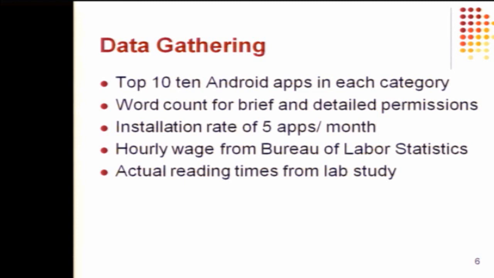Then to extend the word count to annual word count, we use the installation rate as seen from the Play Store analysis, which is around 5 applications a month, with a minimum of 2 and a maximum of 9 applications a month, from the research reports that we have. Then for opportunity cost analysis, we use the hourly wage from the Bureau of Labor Statistics.